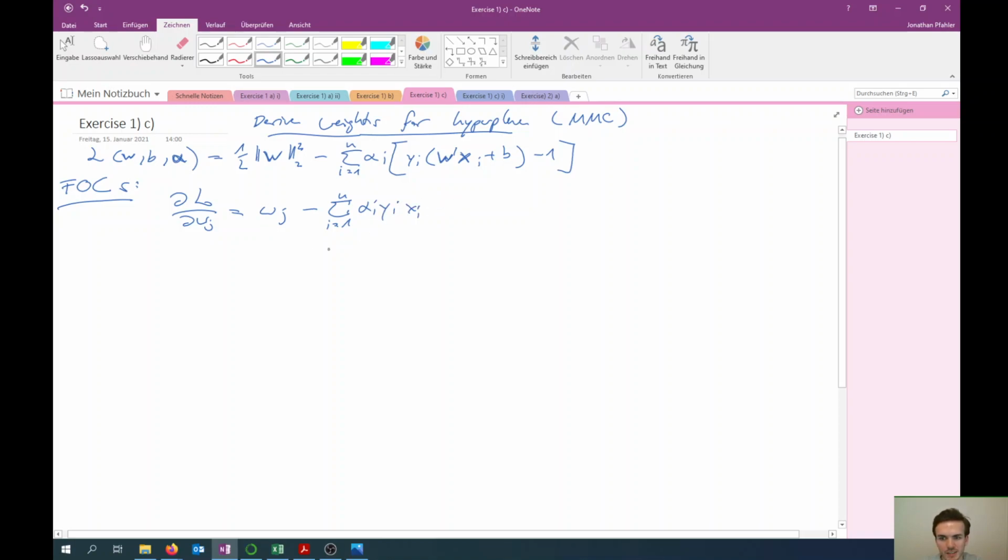For optimality we need to set this equal to 0.